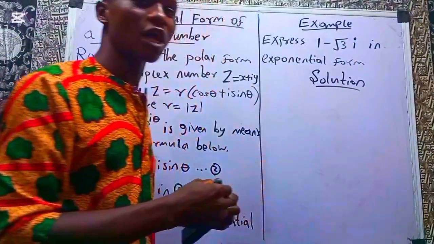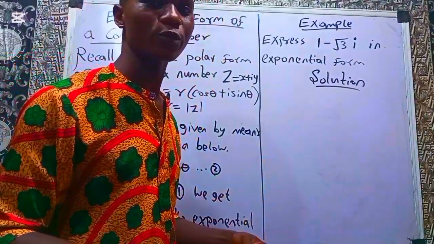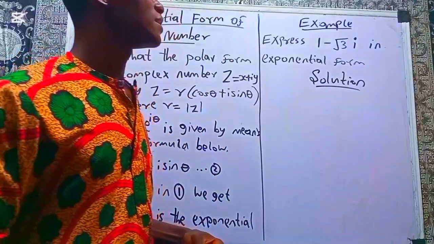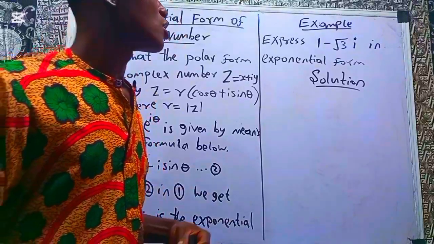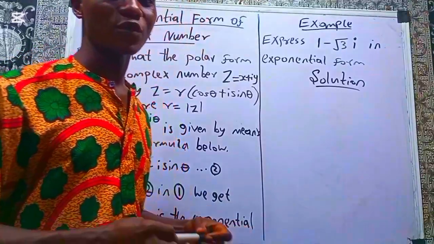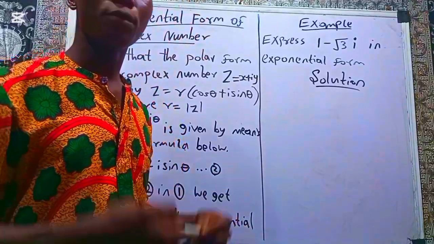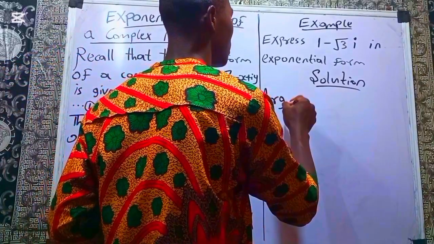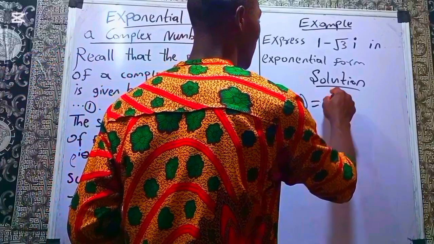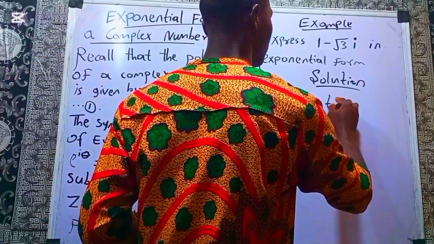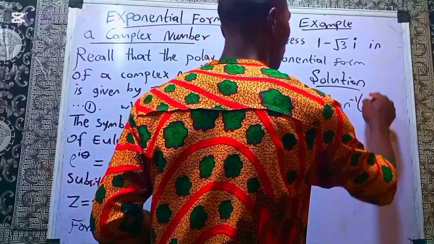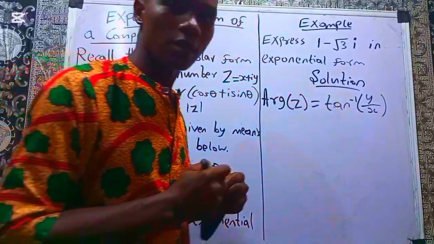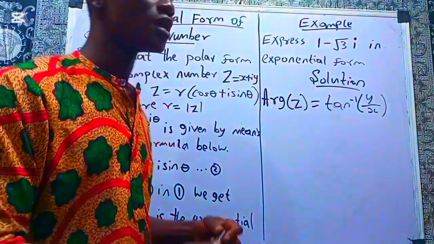Now, in our previous video, when we were studying principal argument, I gave you a formula you are to use. The first formula I gave you says that if the real part of the complex number is positive, then your principal argument is given by tan inverse of y divided by x, where y is the imaginary part of the complex number and x is what?